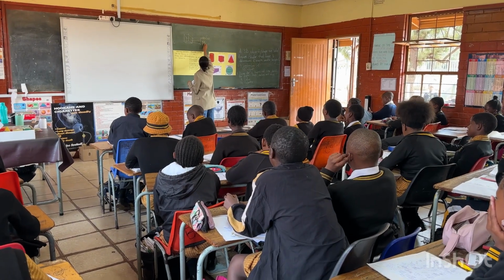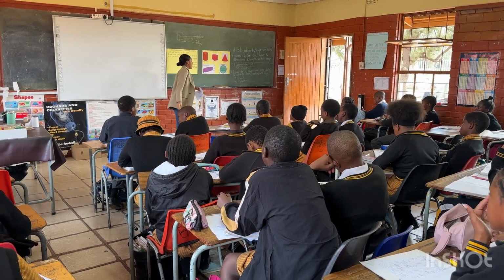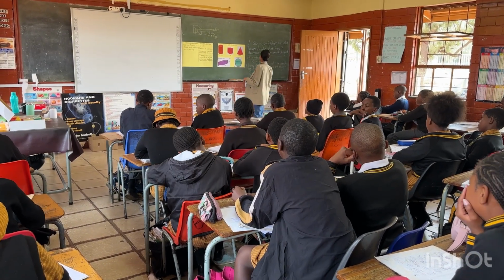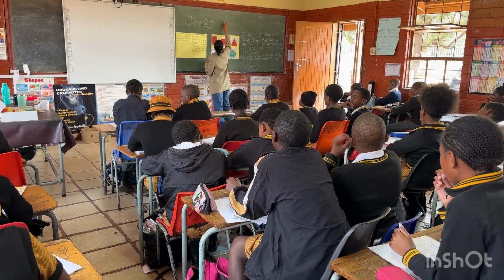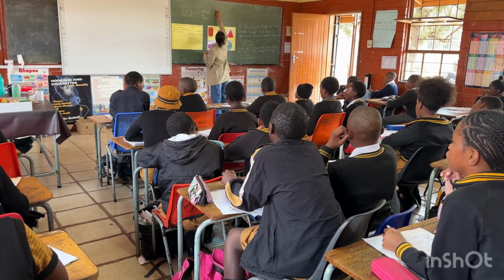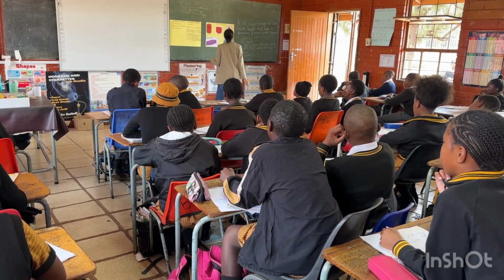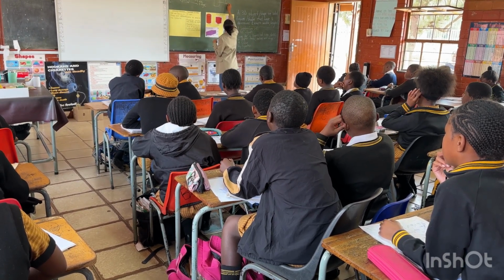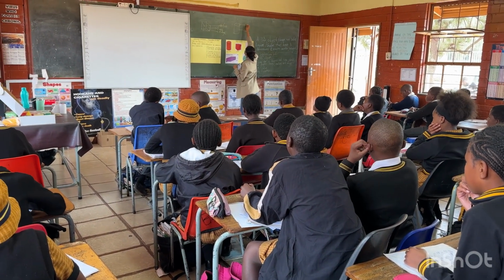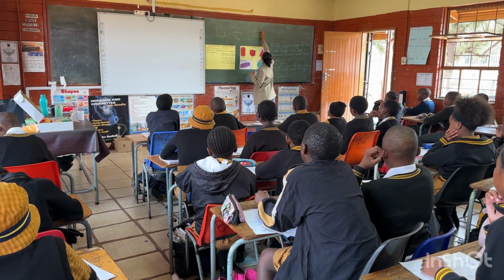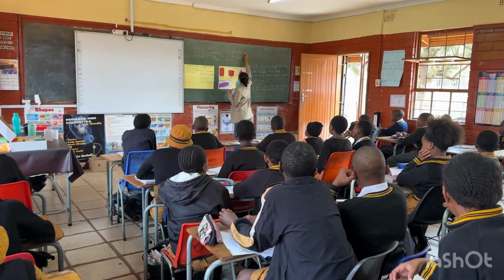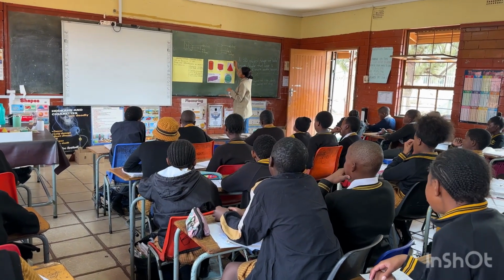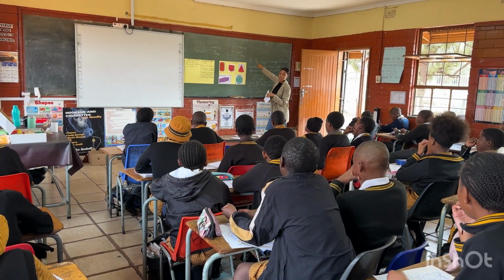Edge. It's my edge, right? And then did you draw your cylinder? Yes. This is my cylinder. Face. Vertices. Edge. It's your edge. So you need to draw like this, right?